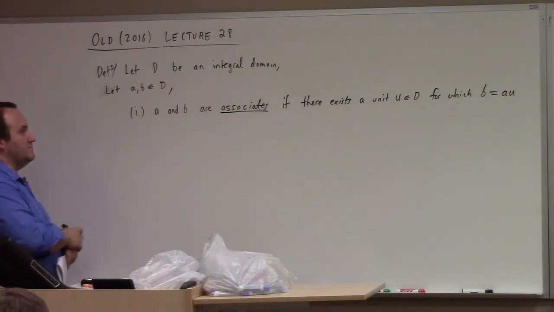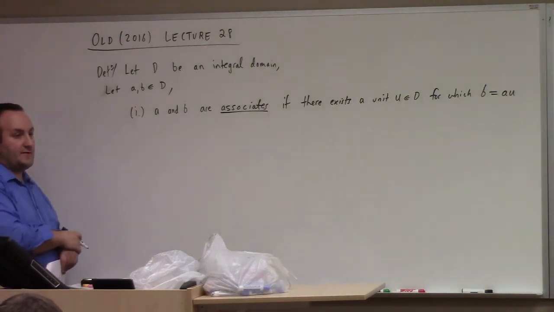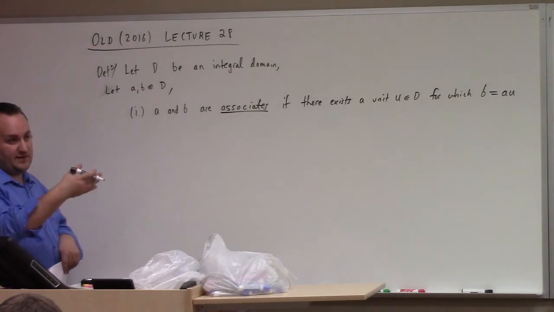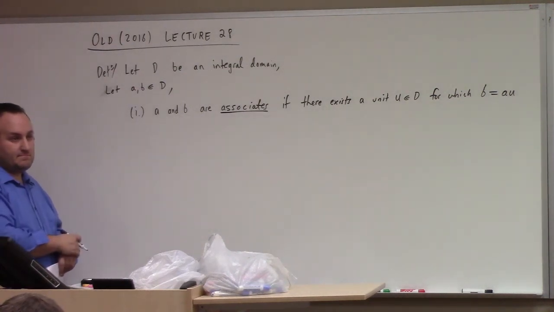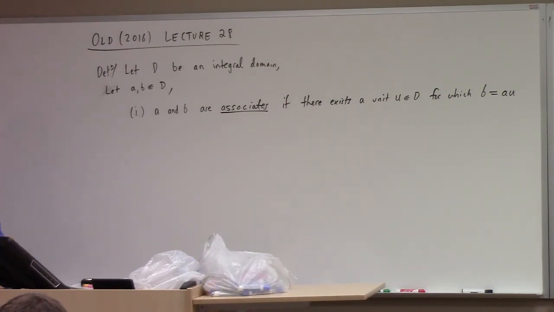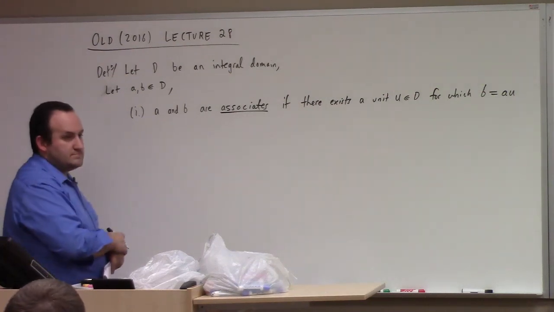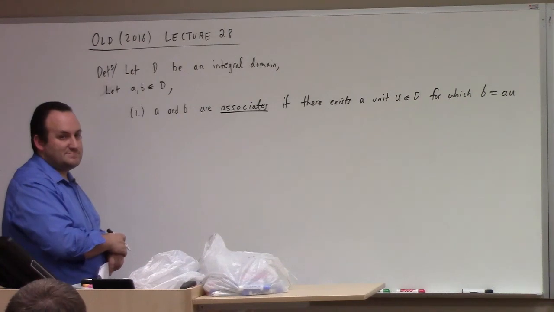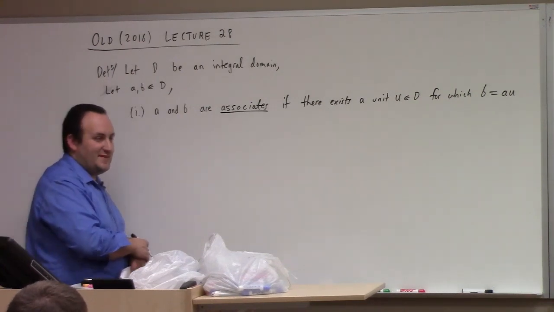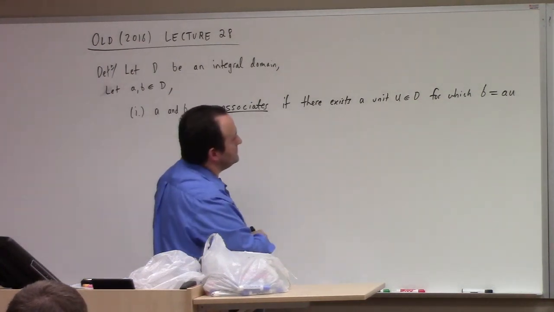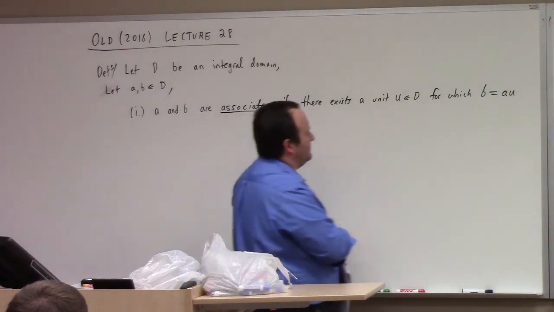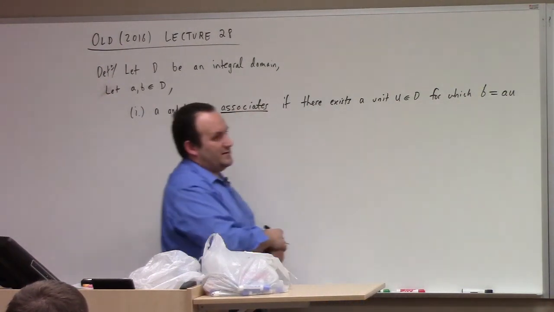Okay, so how about if you have a field? Pick two elements of a field. Are they associates? A field's an integral domain, so we can ask the question, right? Well, if one of them is zero, you just multiply by zero.